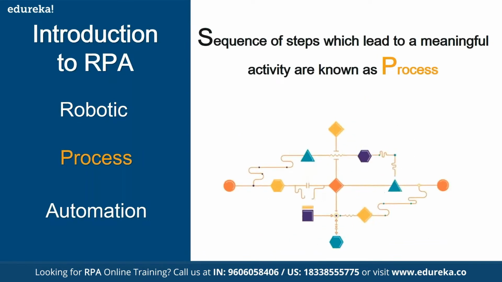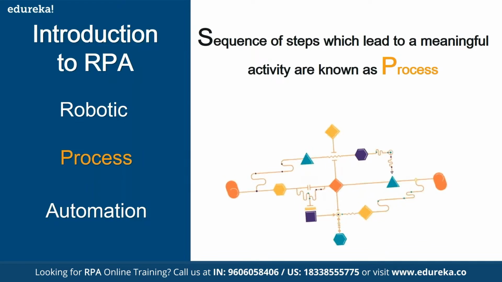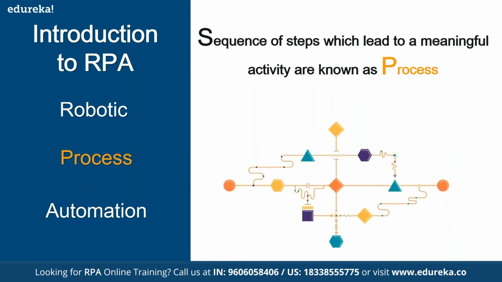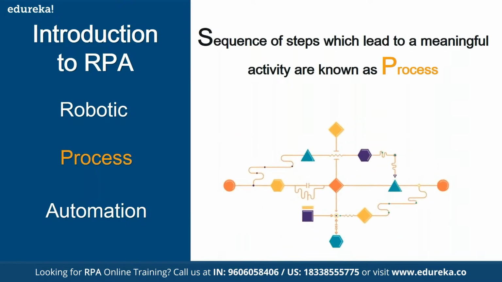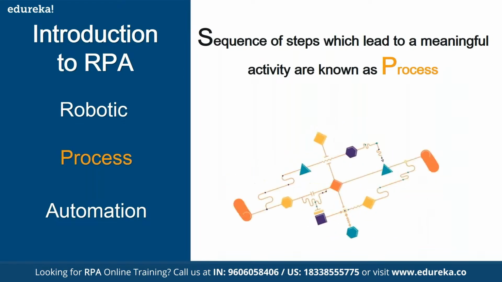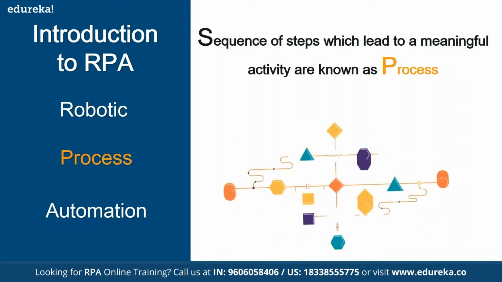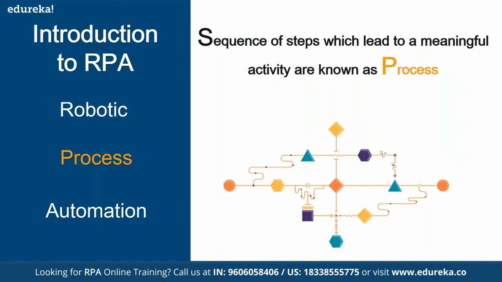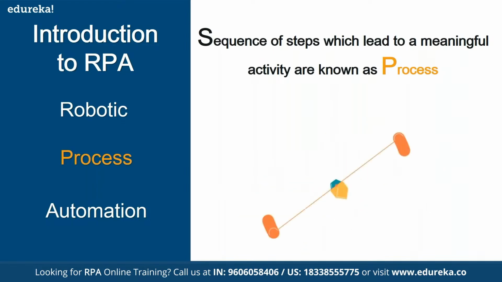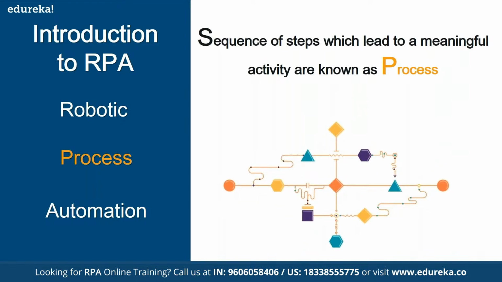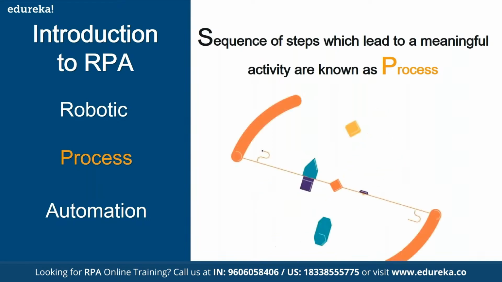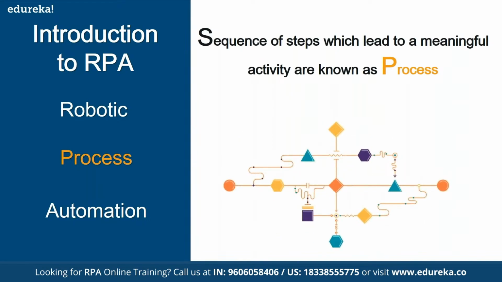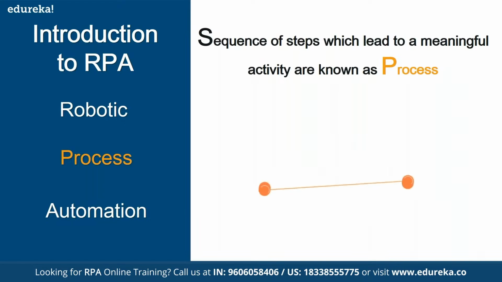Every business, every project, if you are an employee of any industry, I'm not just talking about the software industry, any industry for that matter, if you are working for a project or as an individual contributor, you will be working for a particular business process. Everything that happens is a business process. And what is a business process? A business process is a sequence of steps that we do to achieve some meaningful task.